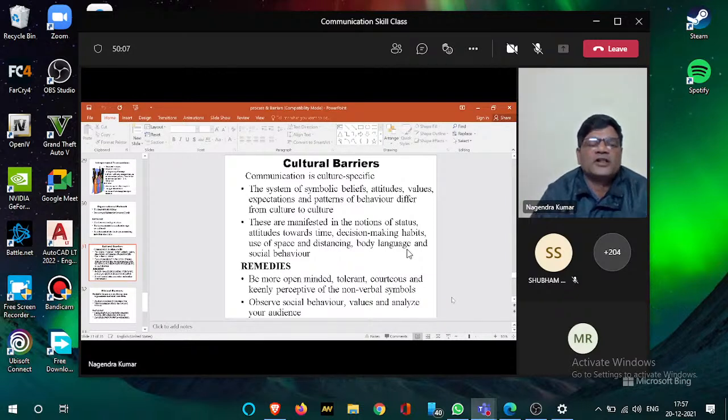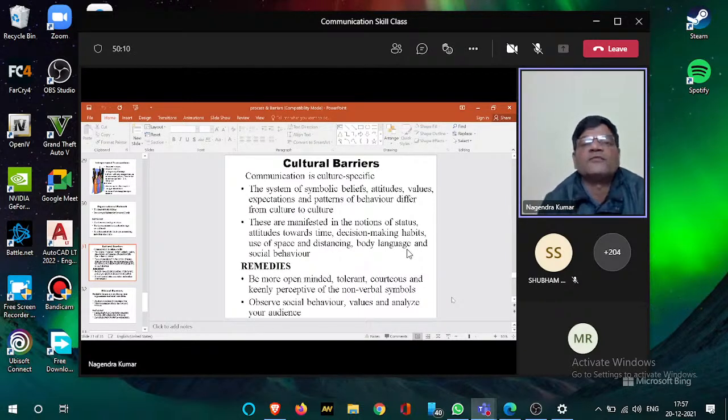So, cultural barriers are very prominent, and it is very important for you because you may be working in a multicultural setup where you will have people belonging to different places, different nationalities.